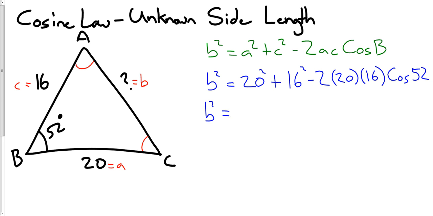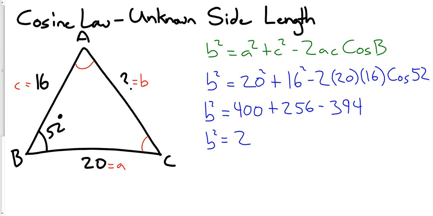So 20 squared is 400 plus 16 squared, which is 256. And if I do 2 times 20 times 16 times the cos of angle B, I get approximately 394. Okay, so that means then that B squared is going to equal 262.